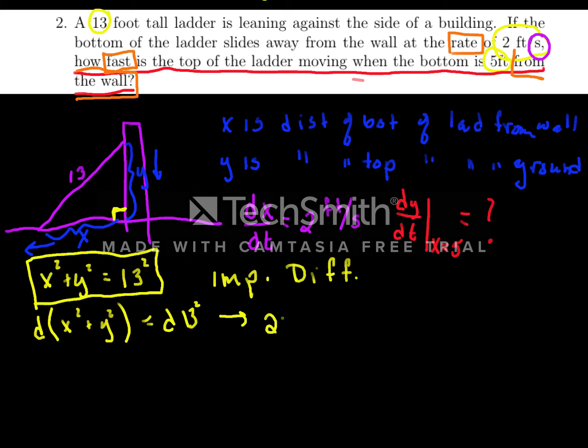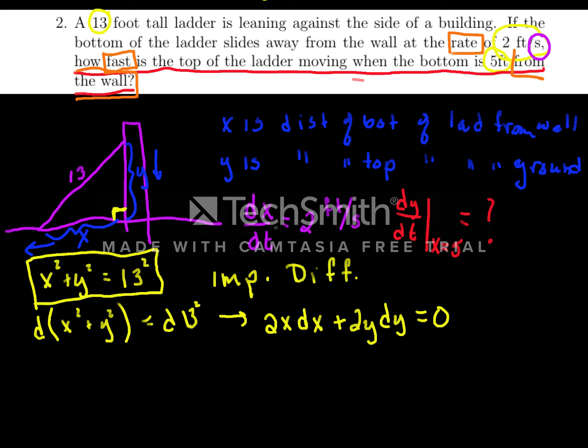I'm hoping that you have become a master at differentiating, and you know that the differential of x squared is 2x dx, the differential of y squared is 2y dy, and the differential of a constant is 0.